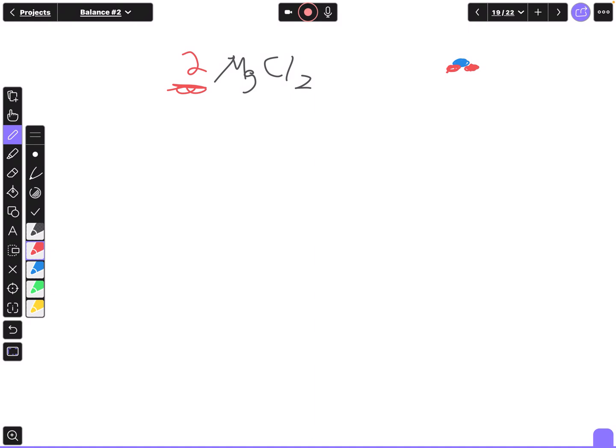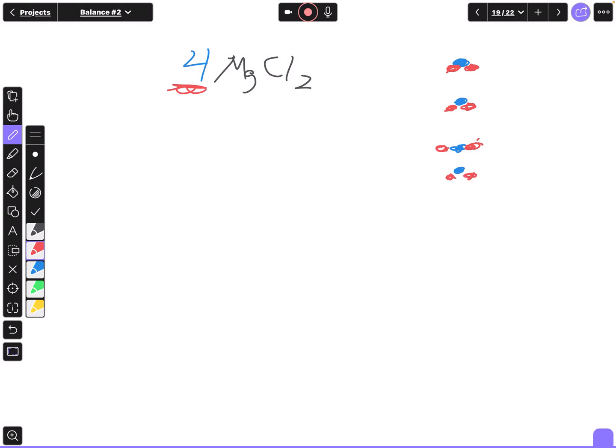So it would be like saying I have a whole another molecule of this magnesium chloride. If I change this number to 4, that would give me 4 total MgCl2 molecules.